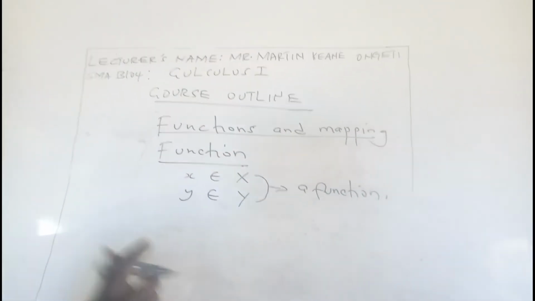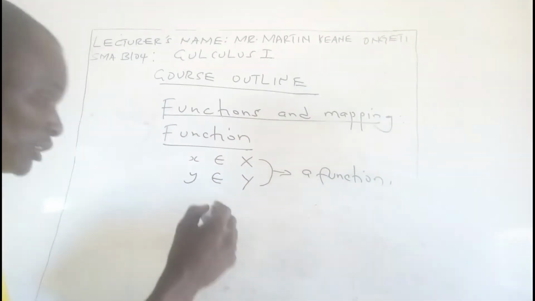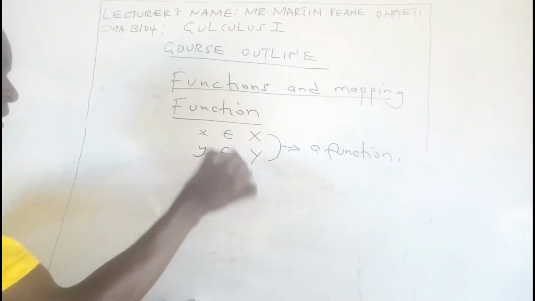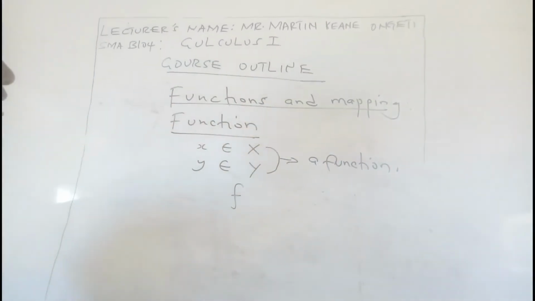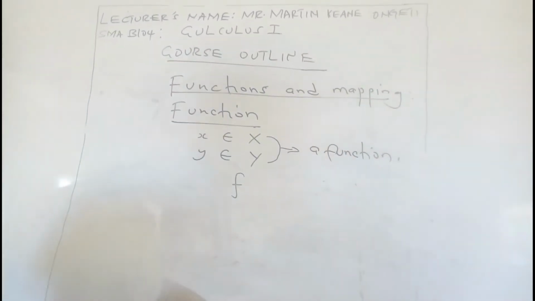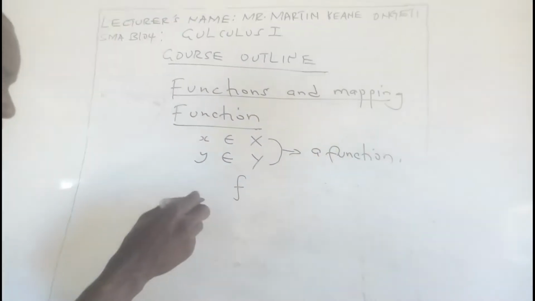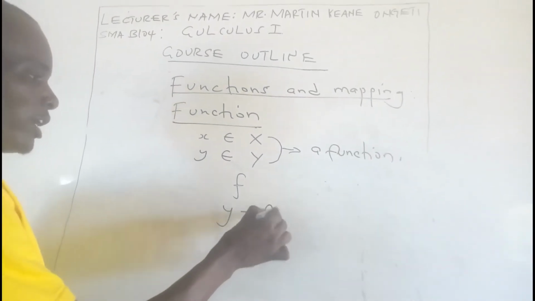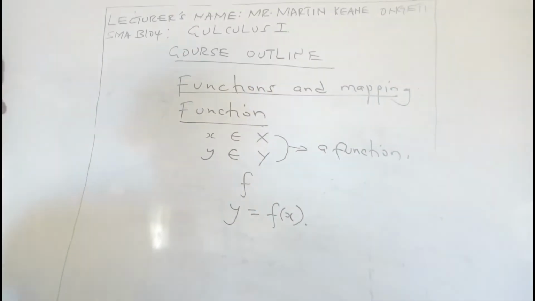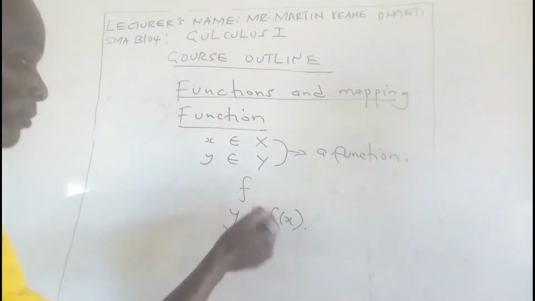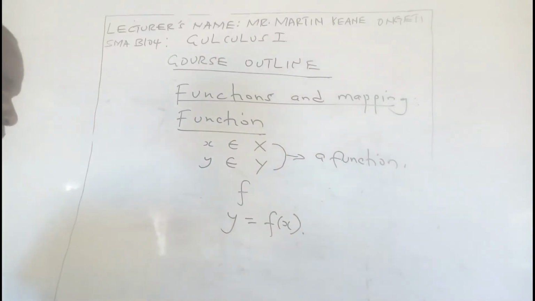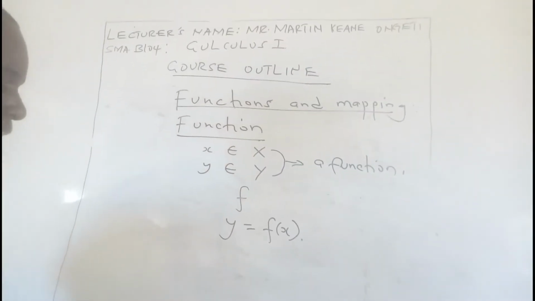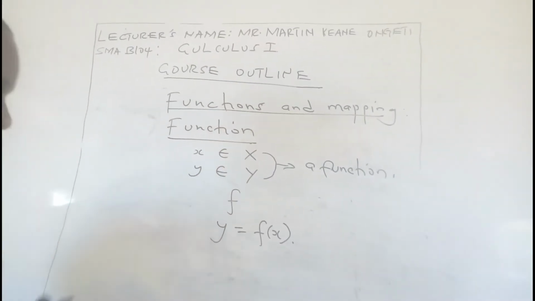Now, in most cases we normally represent a function with f, which is a relation normally denoted as y is equal to f of x. So whenever we have f of x, just keep in mind that we are talking about y.